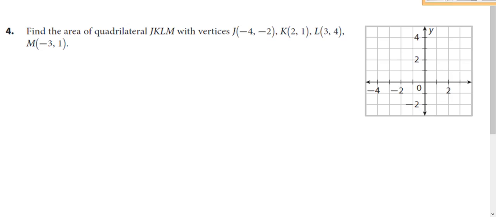Now we'll plot these points and then find the area. It doesn't tell us what the shape is, so once we plot it, we'll have to figure out what formula we'll use for area. -4, -2.